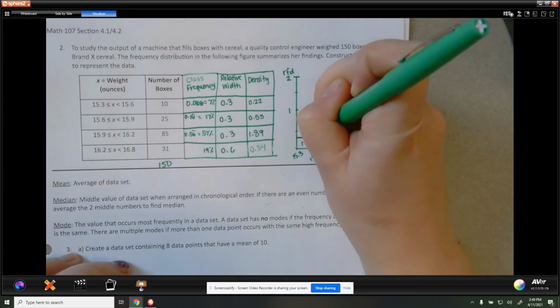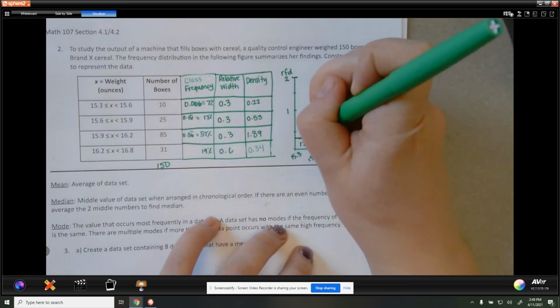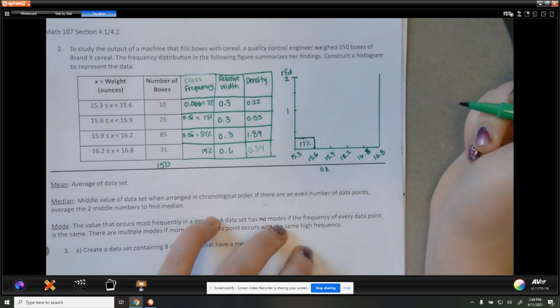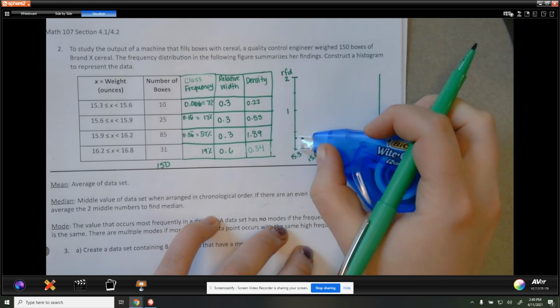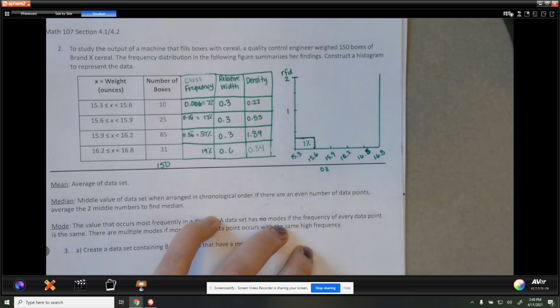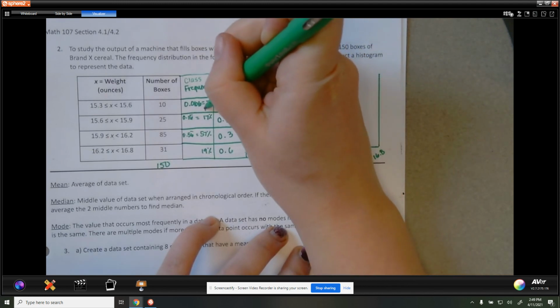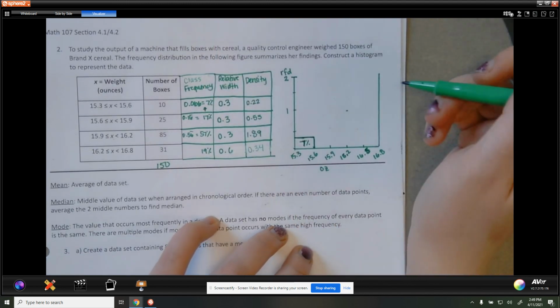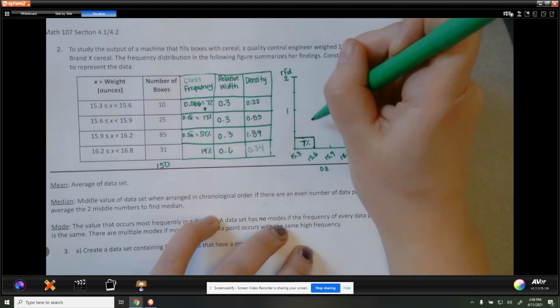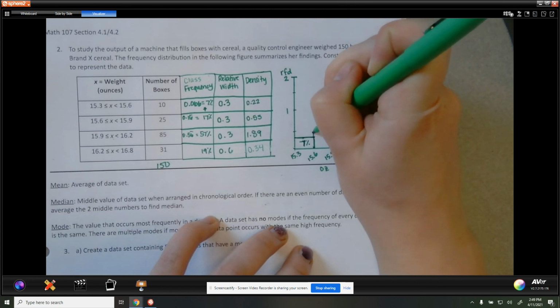This is 7%. Then our next one, our relative density was 0.55, so we're going to go up and over a little bit.